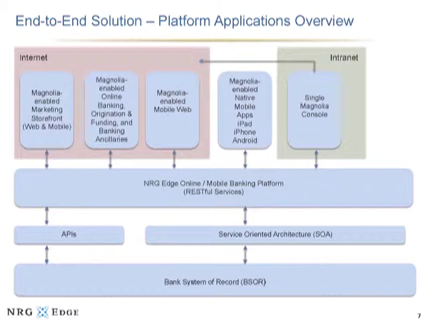And then we have both the internet and the intranet channel here. Obviously, the Magnolia console sits on the intranet channel. That's what you manage everything with. And we have an arrow going into the internet section there because the Magnolia console manages the internet apps directly, meaning that it publishes the content directly to those servers.